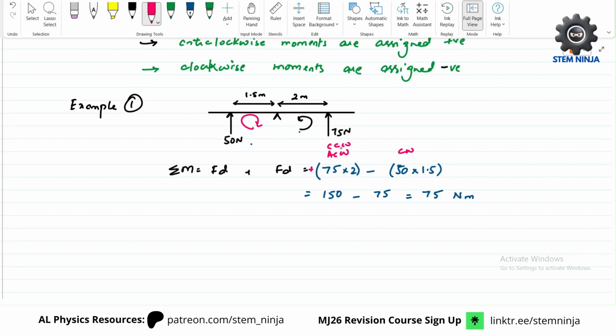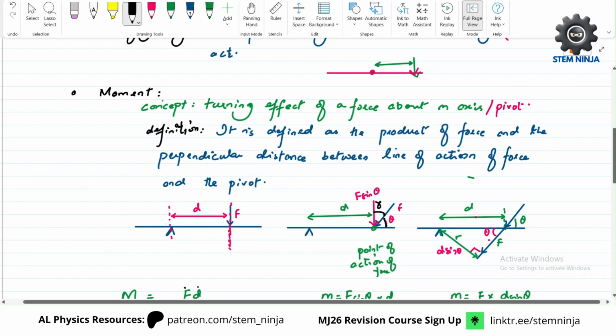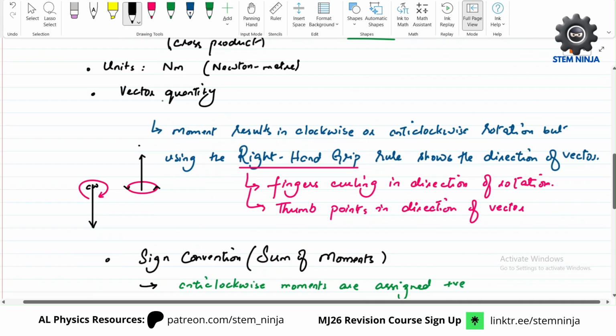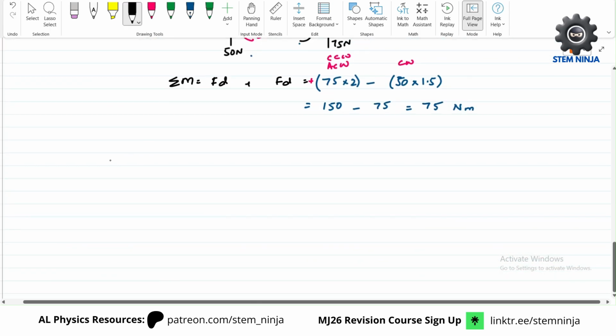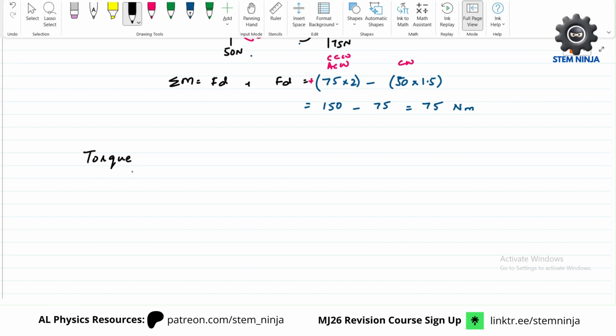Okay, just to go over. Now, a term that is usually used instead of a moment is torque also.